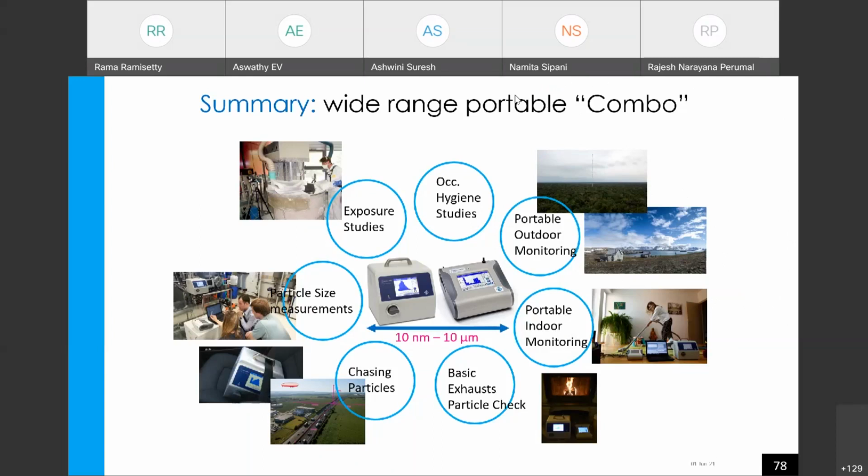PM range, that means, see, mostly we call it the respirable range, that is always PM4. But particles below PM4, up to 1 micron, can easily be detected by the optical counters.